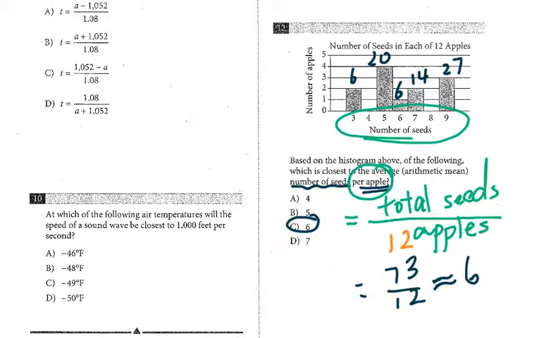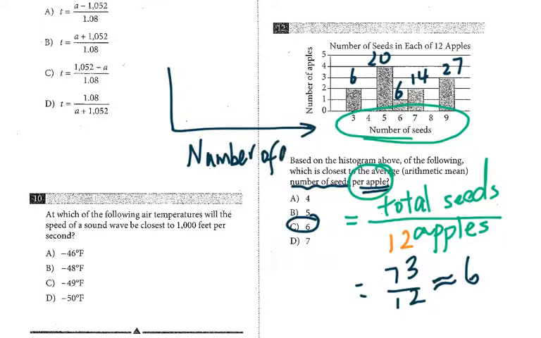Normally, when we draw the histogram in this situation, we make the x-axis like number of apples, and on the y-axis, we put the number of seeds. So please read the information carefully when you do the SAT questions. Some questions are really tricky.